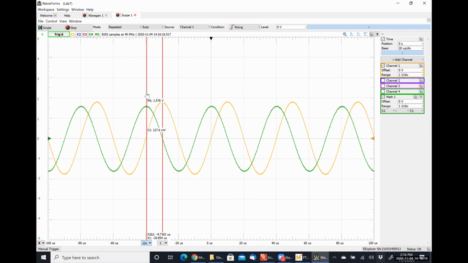Negative 1.528. When we multiply that by 180 divided by pi, we get negative 87.518. I got negative 87.5718. That's correct. So it's not quite negative 90 degrees, which is what would be expected, but it's pretty dang close.